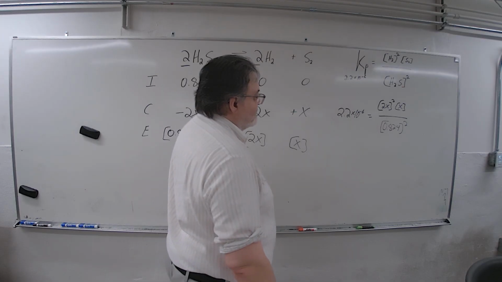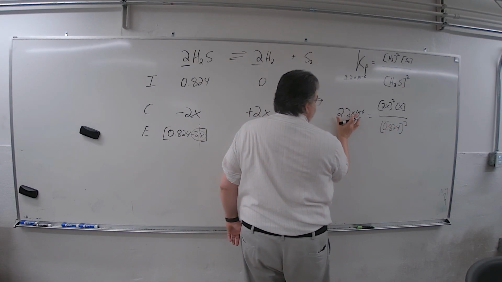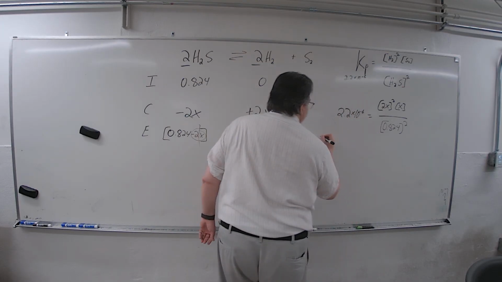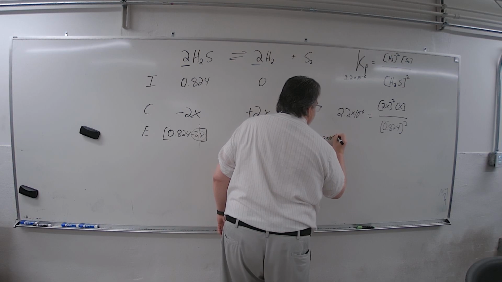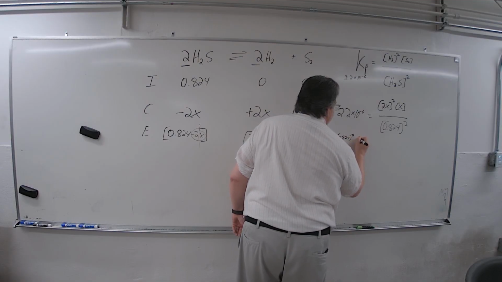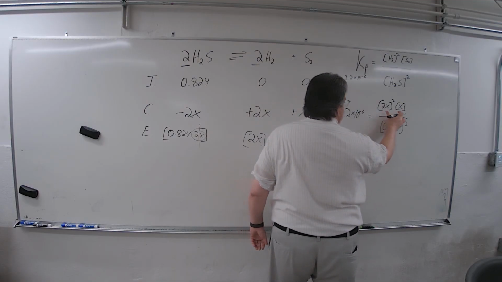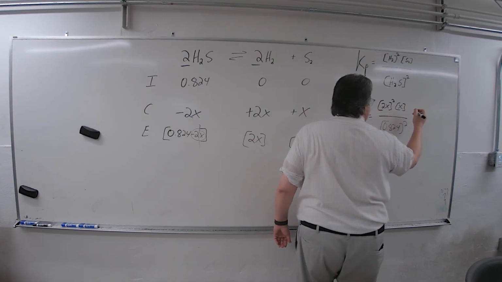And now you're just going to solve. If you square that and then multiply both sides by that, times 0.824 squared equals, when we put these together, it's going to be 2x squared.